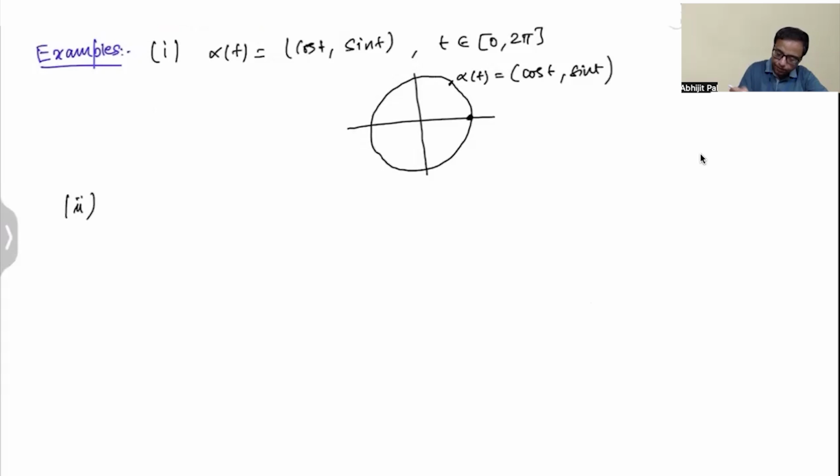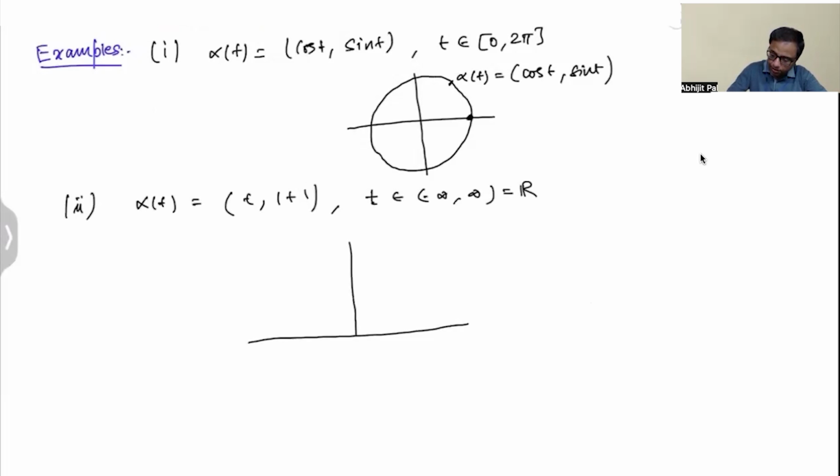Okay. So let me give you another example. alpha(t) is (t, mod of t), where t is varying in the interval minus infinity to infinity, which is just R. So the image of alpha, or trace of alpha, is the graph of mod x.